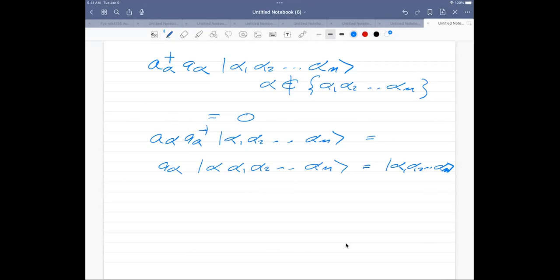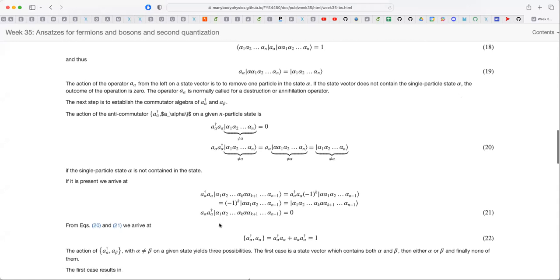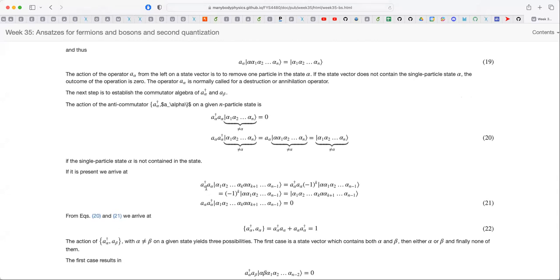But the thing which is a little bit more interesting for us now, if we go back to the slides, I'm just going to switch a little bit back and forth here. The thing which we have to pay attention to is that when we perform these operations, we actually want to change this new state which we have created.